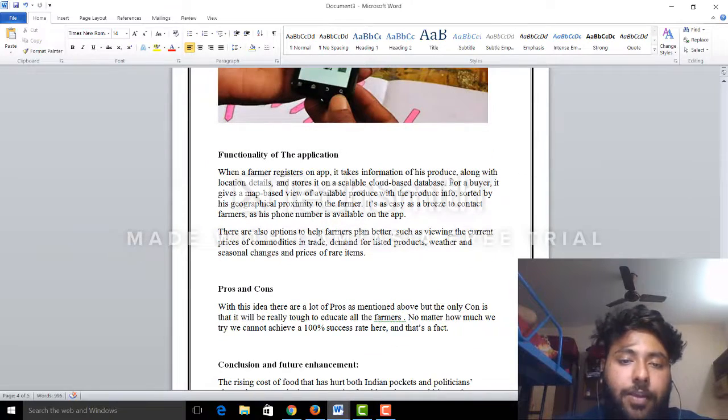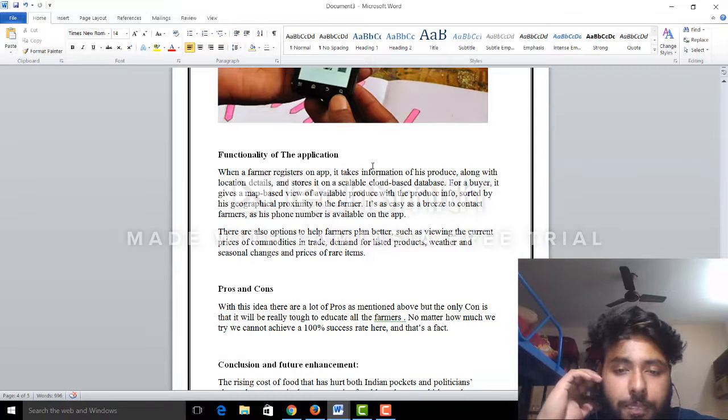So the basic functionality which I have thought about for this application is like this: when a farmer registers on the app, it takes the information of his produce along with the location details and stores it in a scalable cloud-based database. For a buyer, it gives a map-based view of available products with the product info sorted by geographical proximity of the farmer.